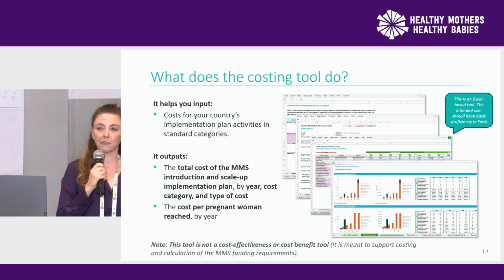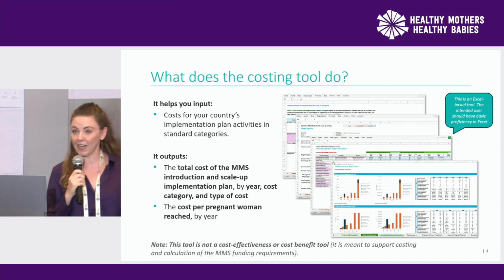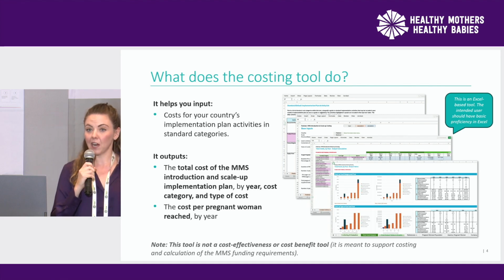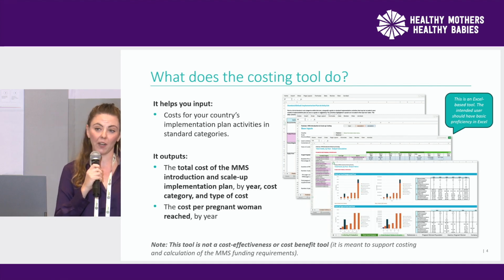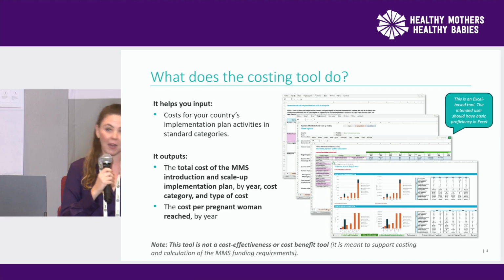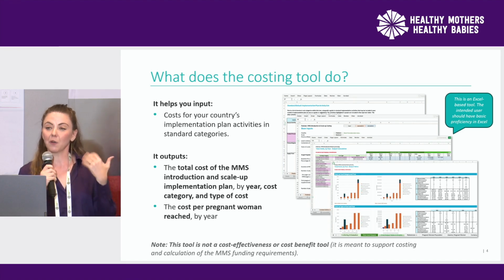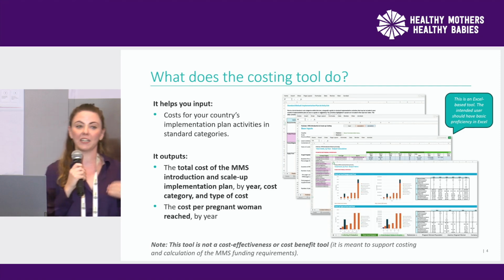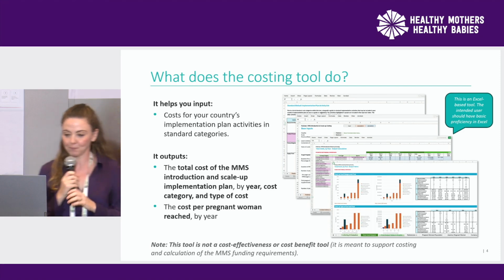Maybe there's a few different ideas for how we want to do training, and by costing them and looking at some different scenarios, it will help us determine what goes into both the roadmap as well as our financing plan. So ideally, the costing tool is part of an iterative process of roadmap development and creating a financing plan.